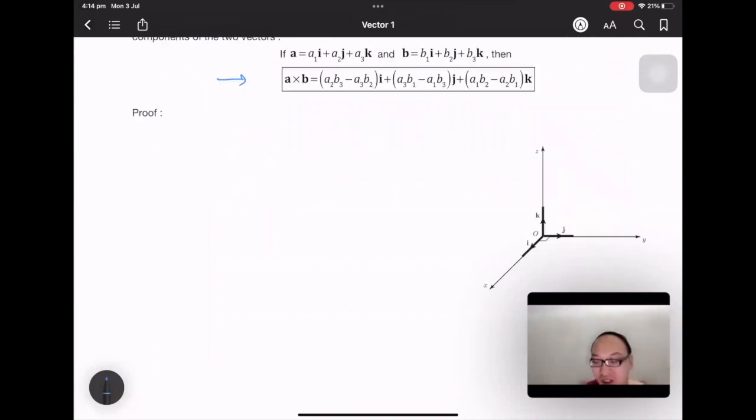It takes a long time. So A cross B is A1 I plus A2 J plus A3 K, cross B1 I plus B2 J plus B3 K.